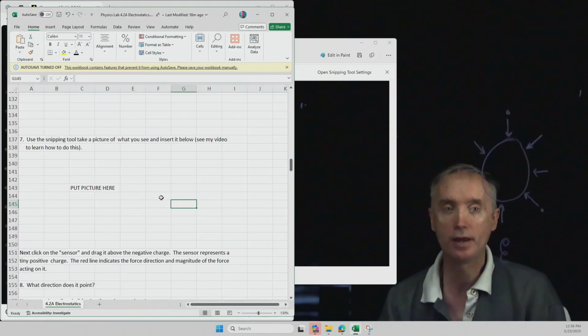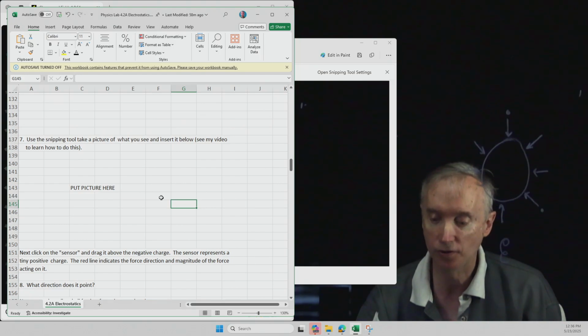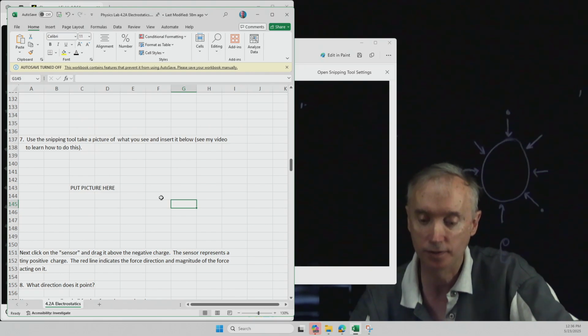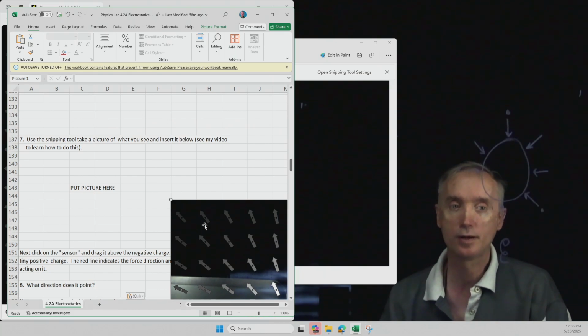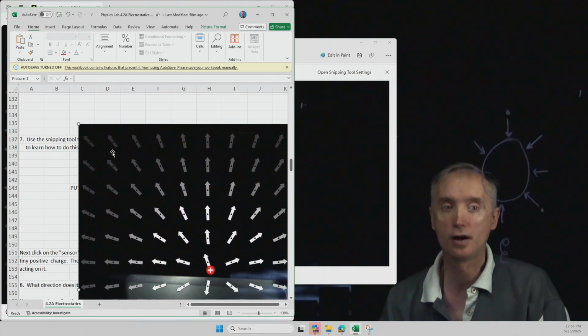Okay, click on the page, and now we're going to do a Control-V paste. So press the Control button down, and at the same time press the V button. Okay, there's my picture. But what's the problem? The picture's too big.